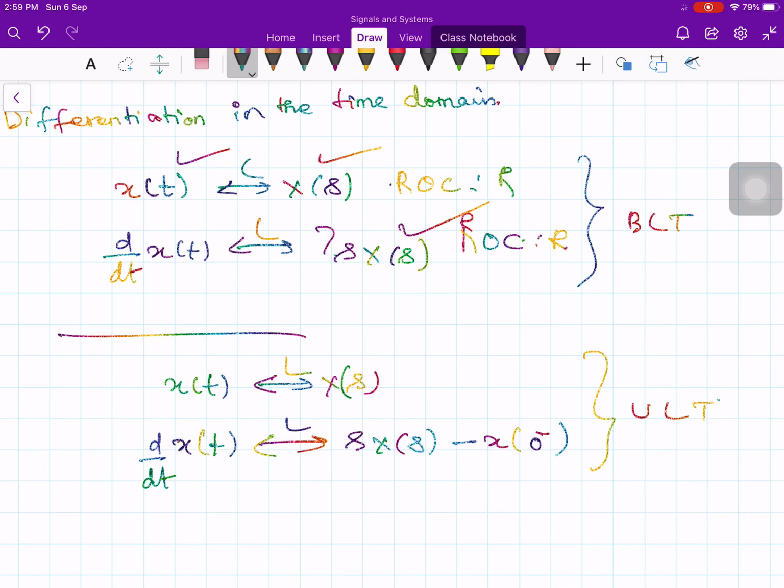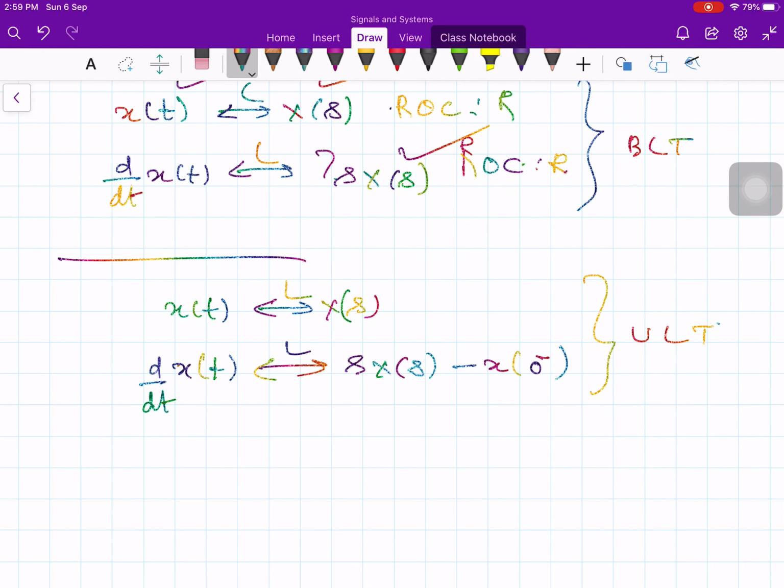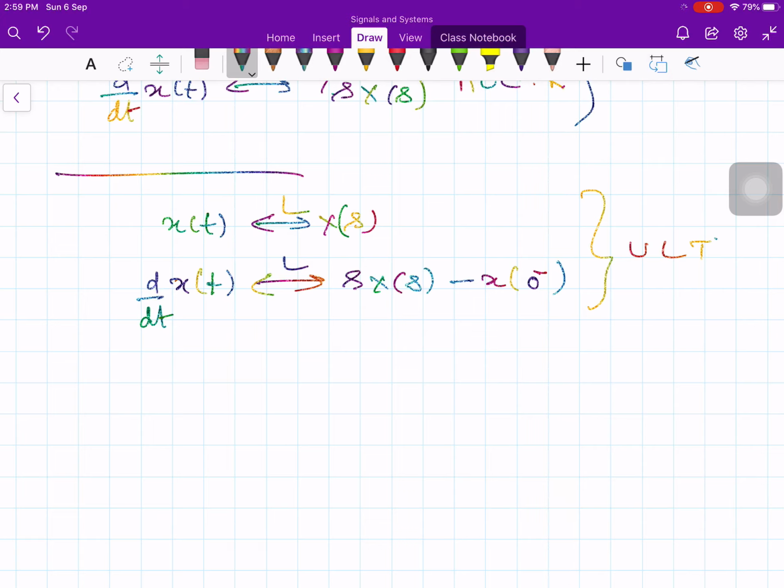Now assuming that the Laplace transform of the differentiated function exists, we set up the defining integral from 0 minus to infinity of d by dt of x of t times e to the minus st dt.